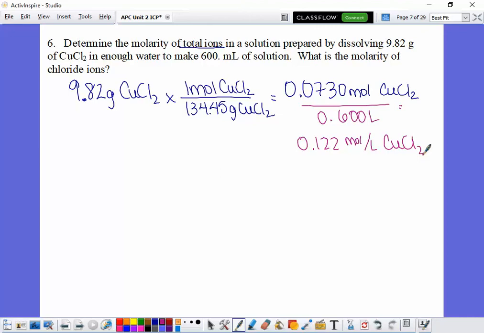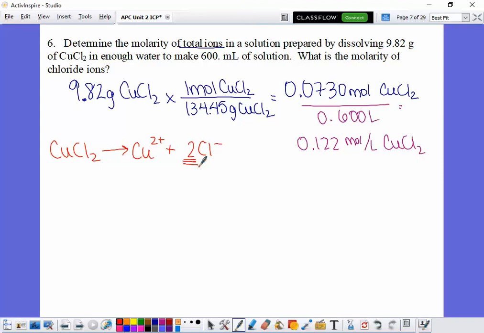Well, let's write out the dissociation equation. When we dissolve CuCl2 in water, what does it dissociate into? Cu2+ and 2 Cl-. Don't forget to balance your dissociation equations. All the ones on the first page that we did were 1-to-1, so we didn't have to worry about balancing, but sometimes you do.